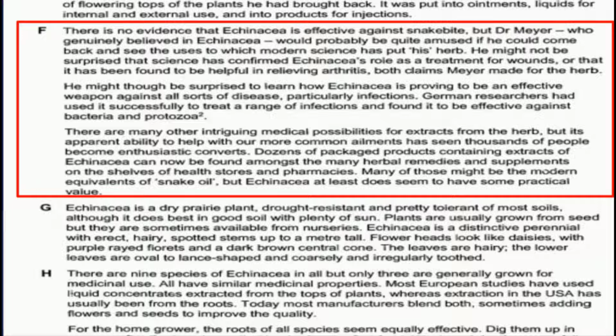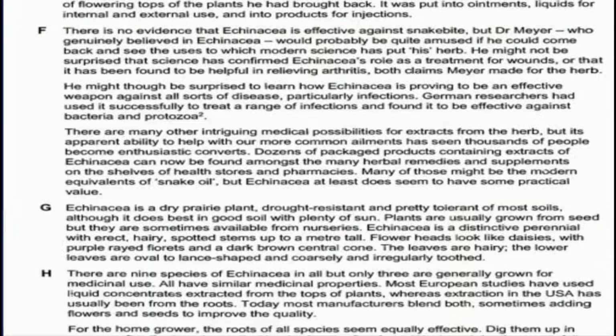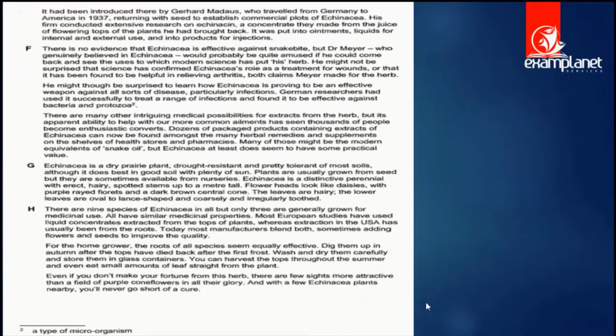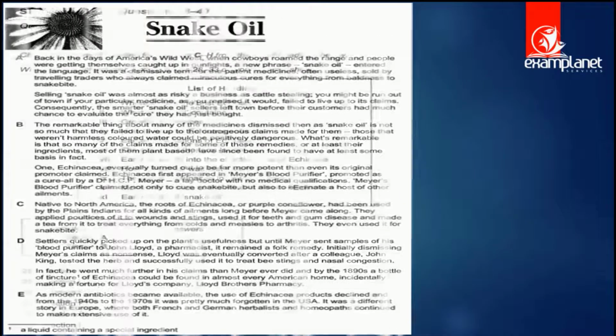Many of those might be the modern equivalents of snake oil. So it is about how it is used in modern times. So which one should be the answer among those options?